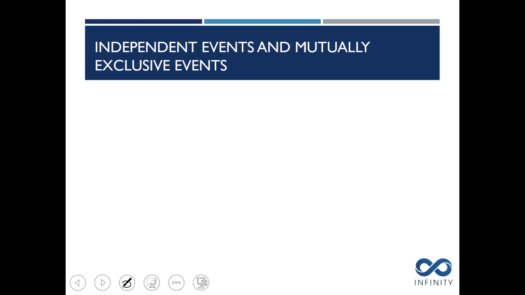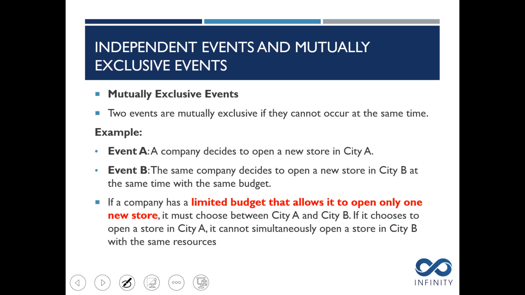But in the same example, if we have a limited budget, that means we can open only one store in either city. Then we call these events mutually exclusive events. Why? In this case, both events cannot occur at the same time.